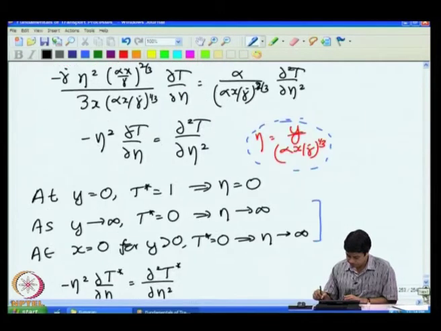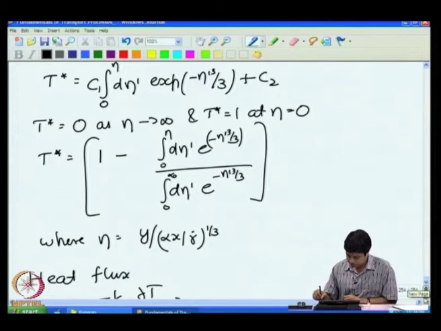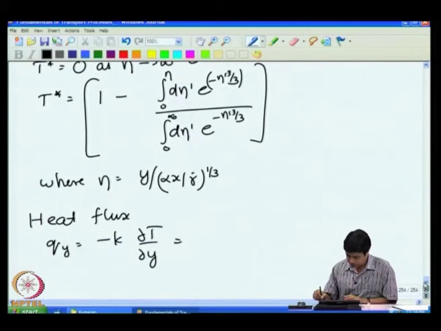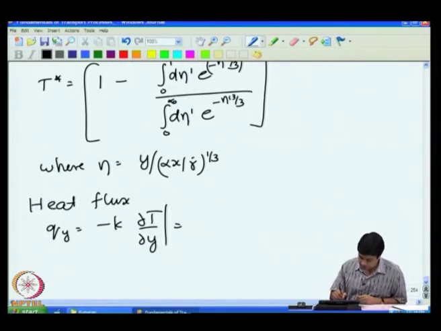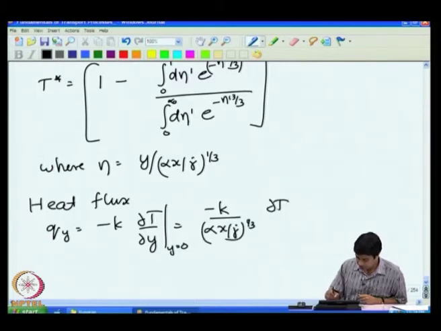Okay. The heat flux coming out of the surface is at y is equal to 0. So, this will be equal to minus k by alpha x by gamma dot power 1/3 dT by d eta at eta is equal to 0.